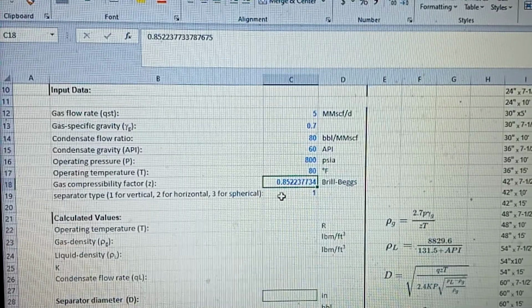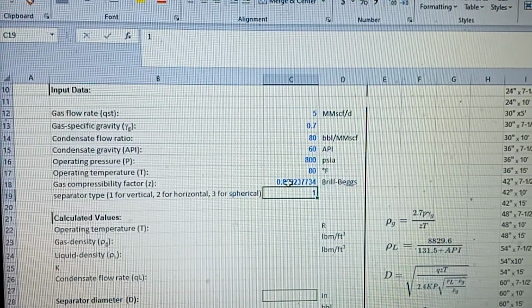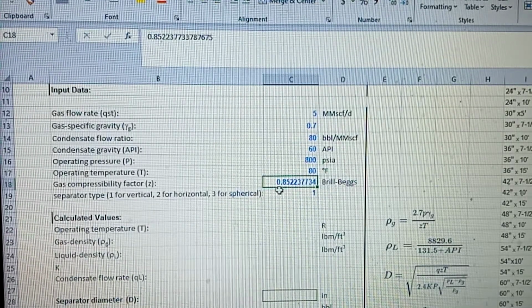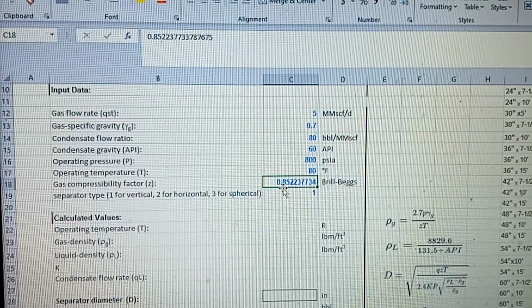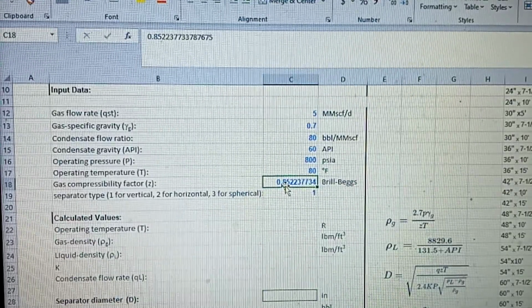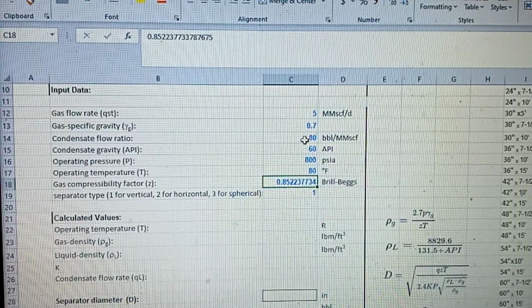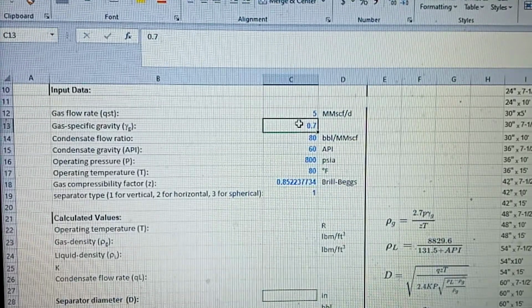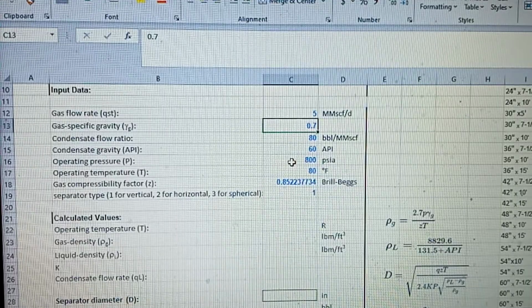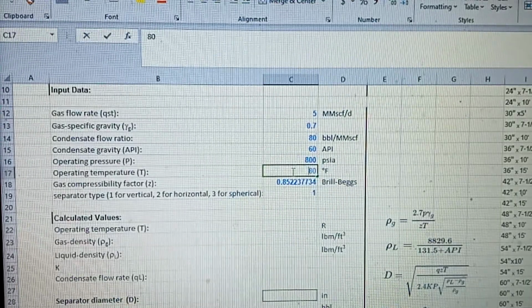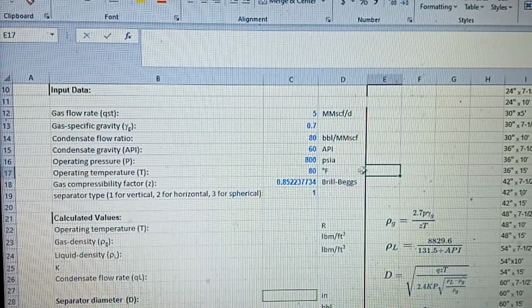I think the best thing is to first go find the compressibility factor. Don't just leave any number there. You have to find the compressibility factor based on your given values, the specific gravity of the gas, 0.7, and then the pressure and temperature. So let me go do that first.